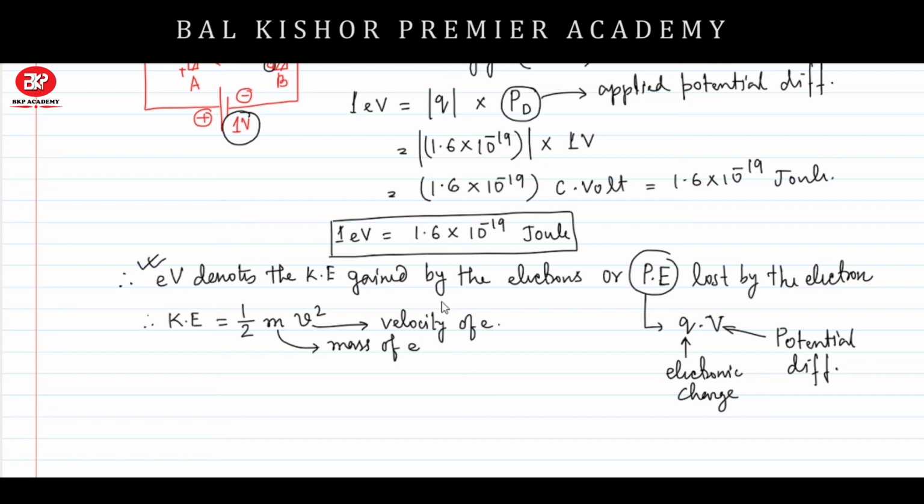So from this definition we can write that the kinetic energy gained by an electron will be equal to the potential energy lost by the electron.